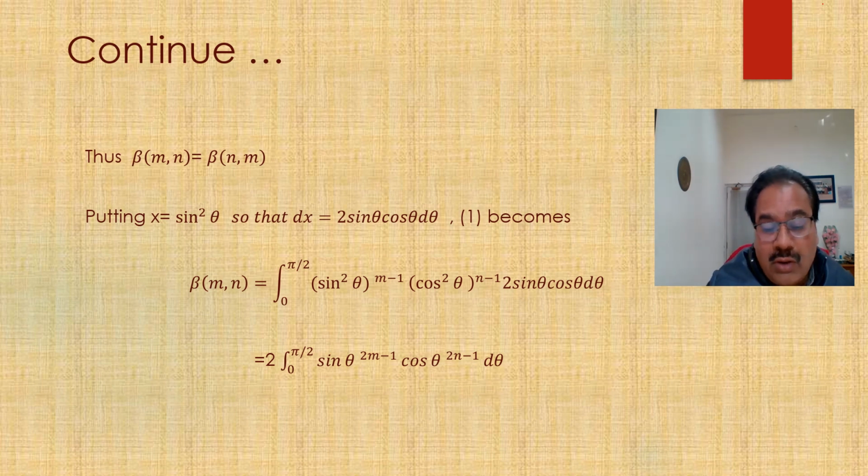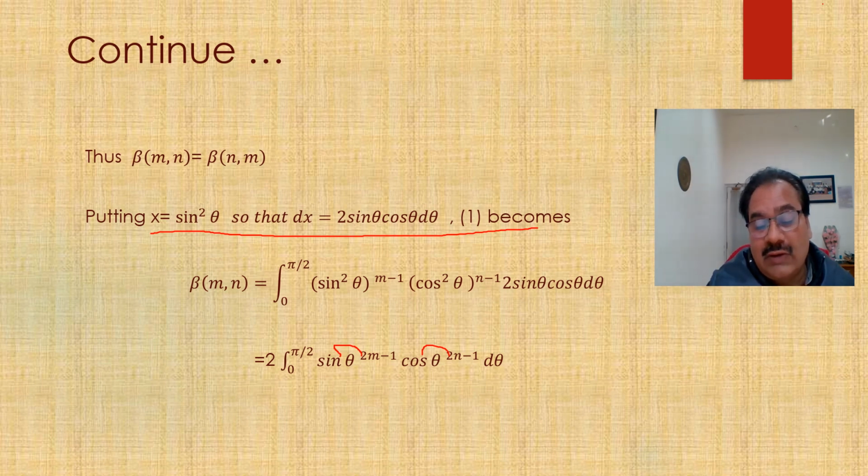If you want to develop it in the polar form, then putting x is equal to sine square theta, dx is equal to this, and the equation becomes in this form. Another form is 2 into the integral from 0 to pi by 2 of sine power 2m minus 1 theta and cosine power 2n minus 1 theta d theta.